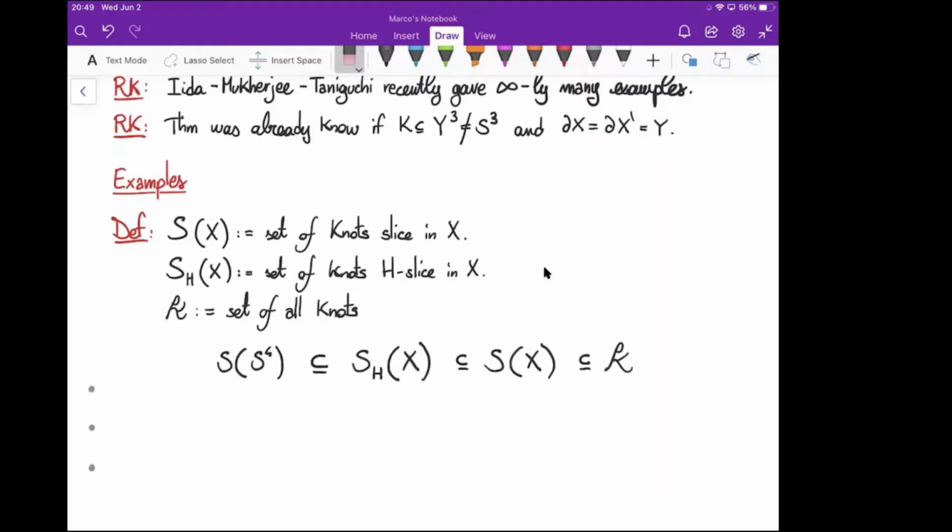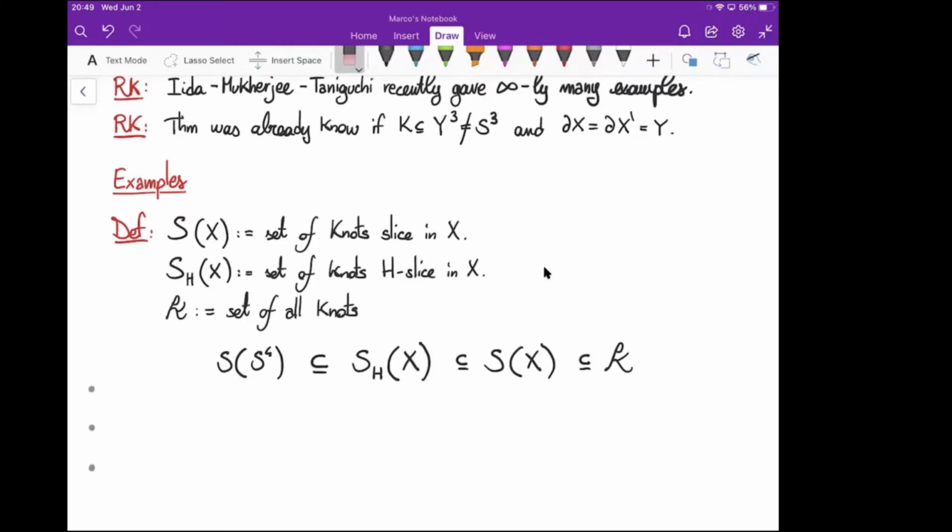Then we have some inclusions. If you take the set of knots that are slice in S4, these are the classically slice knots, then they are always contained in the set of H-slice knots for any 4-manifold X, simply because you can choose the slice disk to lie in the neighborhood of the boundary.